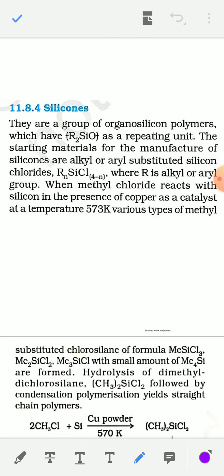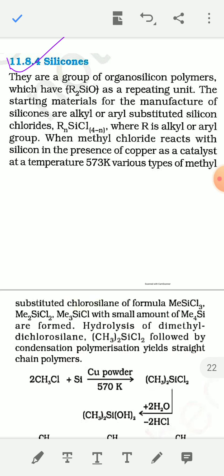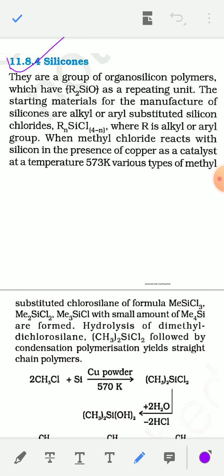Now some compounds of group 14 elements, silicones and silicates. First silicones. This is not silicon, this is silicone, a compound of silicon. They are a group of organosilicon polymers which have R2SiO as the repeating unit.